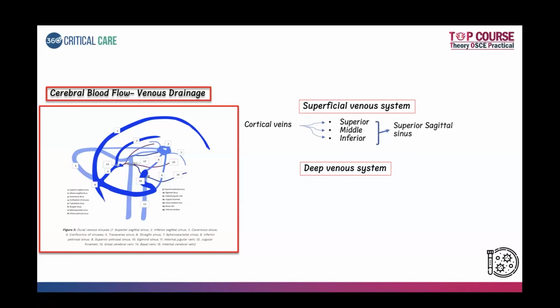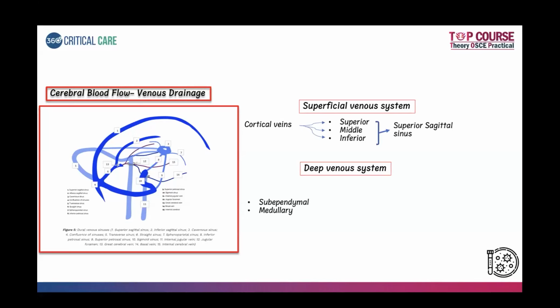And all these three major veins or venous channels drain into the superior sagittal sinus. Again, importance of superior sagittal sinus is they have the arachnoid granulations there, which are responsible for CSF circulation in the brain. So that is again an important part.